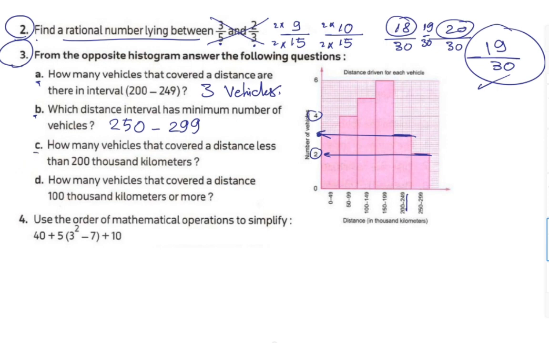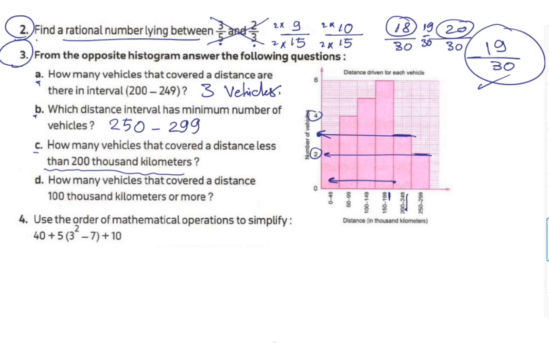C, how many vehicles covered a distance less than 200,000 kilometers? Less than 200, there's no 200. First 200, here 200. Less than it, I will start with 199 or less. So I will start from this interval and go to the left, because I don't need 200.